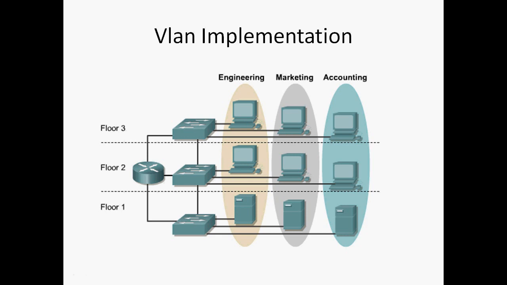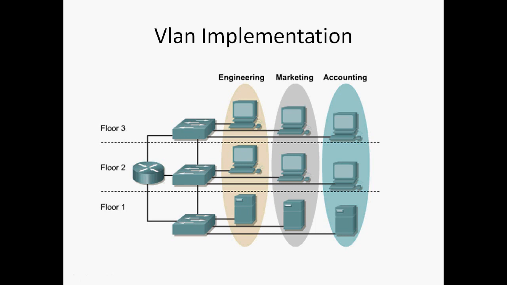So without using a router we can communicate between all the VLAN 10s, because all the VLAN 10s come under the same network. All the VLAN 20s also come under the same network, so without using a router they can communicate. VLAN 30 also comes under the same network, so all the VLAN 30s can communicate without using a router.